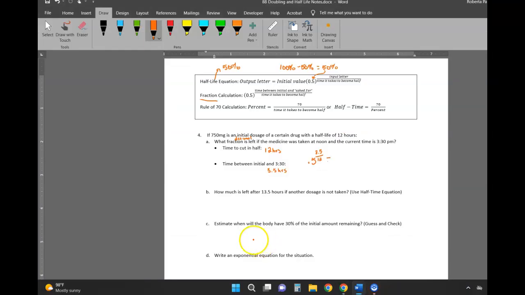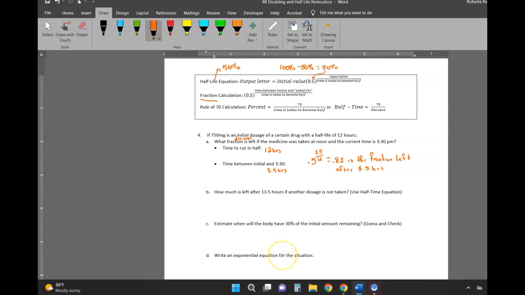It's more than half because we haven't gone all 12 hours. So 0.82 is the fraction left after 3.5 hours.